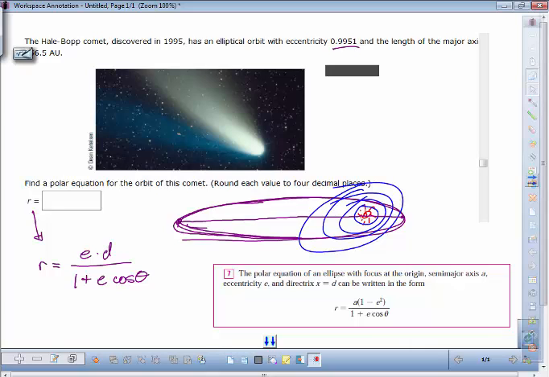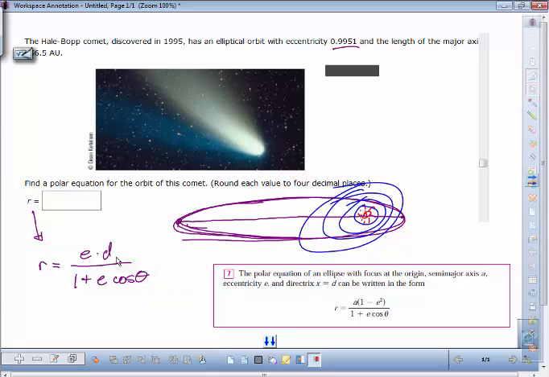And then they replace the value of the directrix with the eccentricity and with the length of the semi-major axis. And so here's a nicer formula for us to deal with instead of trying to find the equation for the directrix. Okay?